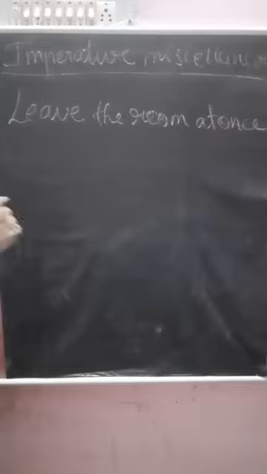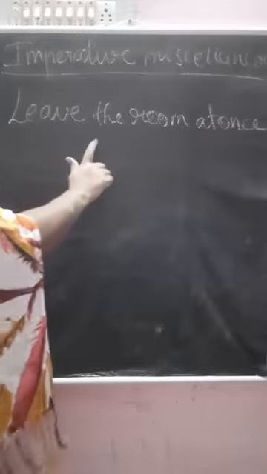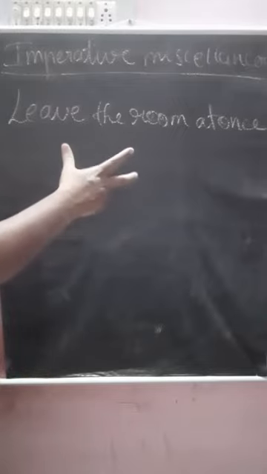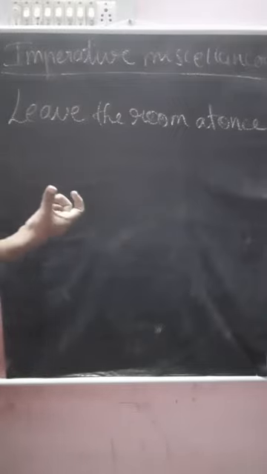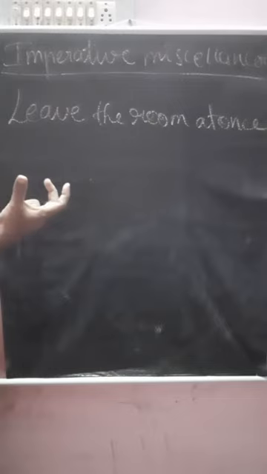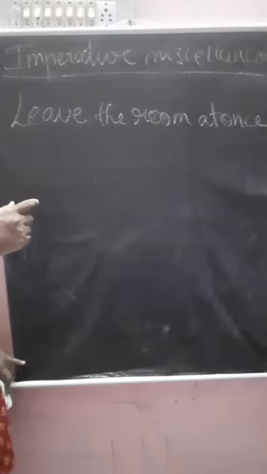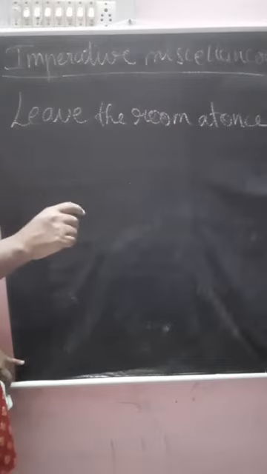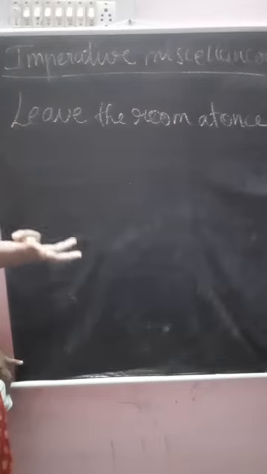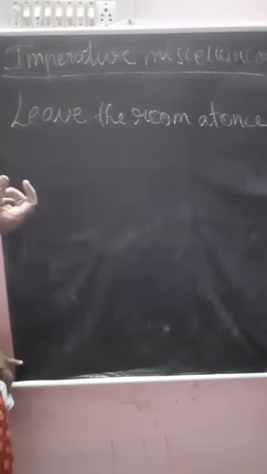Here, see this example: leave the room at once. Now try to change it into passive. Usually we have to think in Tamil also, so that we will understand the meaning of it. They are asking us to leave the room. It's a kind of order. "You should be left by the room at once" sounds funny. So we have to analyze the meaning of the given statements also.